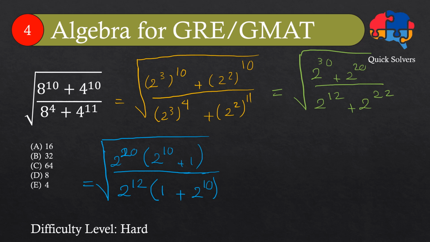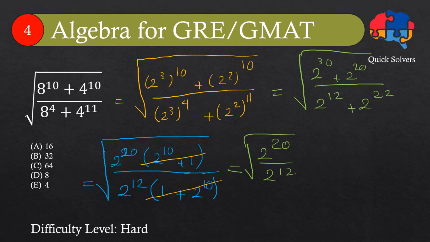Okay, and I think now it's obvious that this expression here and this expression here are the same, so they cancel out each other. And I can rewrite this as the square root of 2 to the power of 20 over 2 to the power of 12.